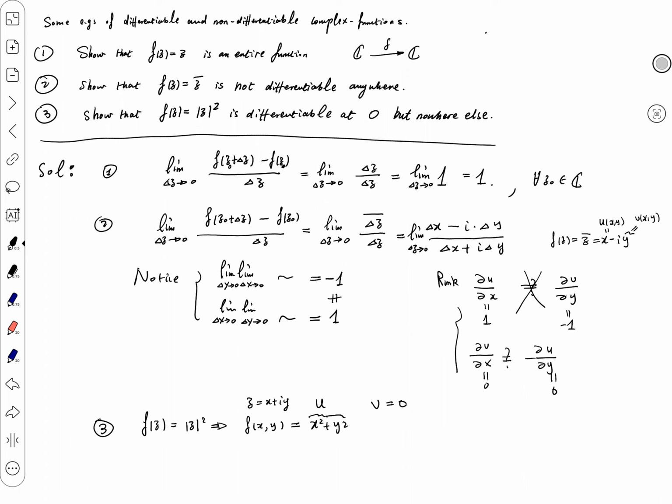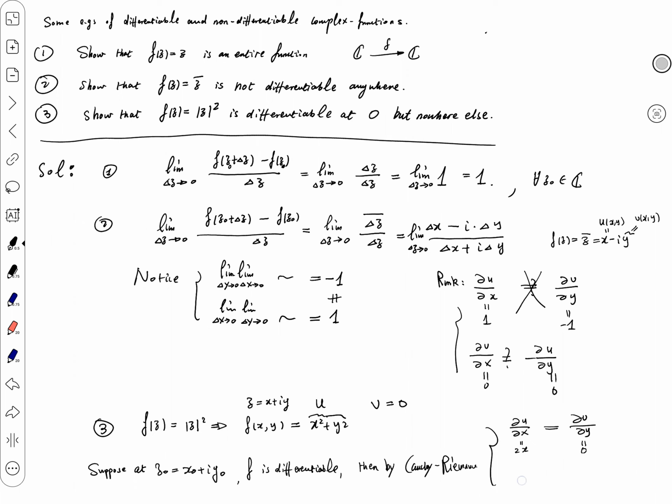And then if you use Cauchy-Riemann, suppose f is differentiable, then by Cauchy-Riemann we have partial u partial x equals partial v partial y, and here partial u partial x equals 2x, partial v partial y equals 0.